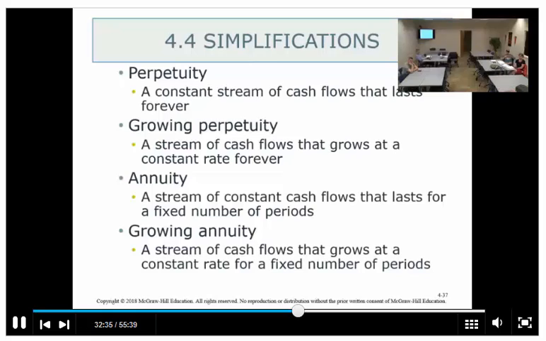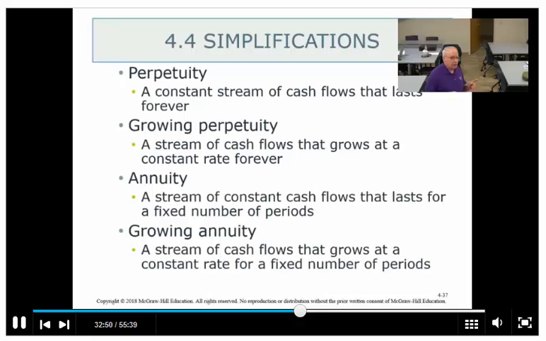First of all, when we do the cost of preferred stock, which is next week, an investment in preferred stock is considered a perpetuity because it pays a constant dividend forever. I mean, the assumption is that if you held on to the stock forever, that's a perpetuity. An annuity is a constant cash flow that lasts for a fixed number of periods.